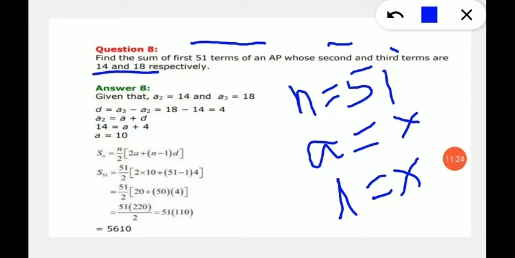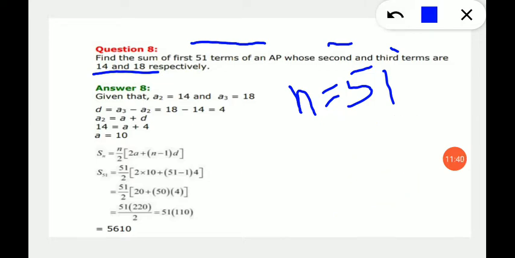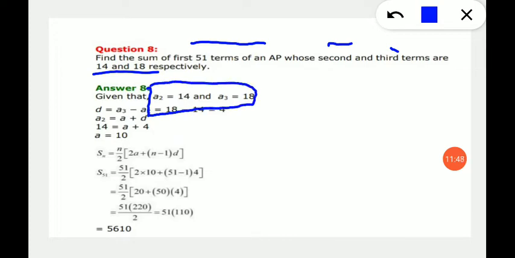Which means we have to use the formula Sn is equal to n by 2 into 2a plus n minus 1 d. But where to find out a and d? So whatever we are given, we will compile that in the form of equation. We are given second term is 14 and third term is 18.